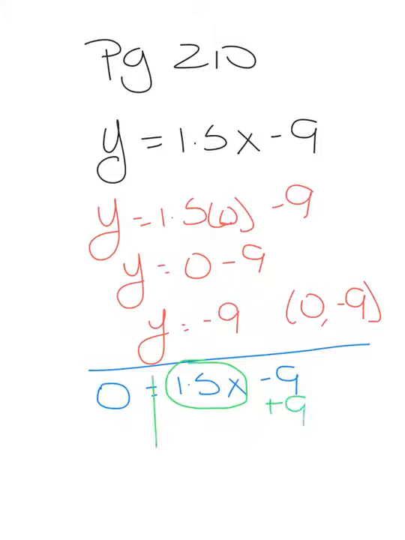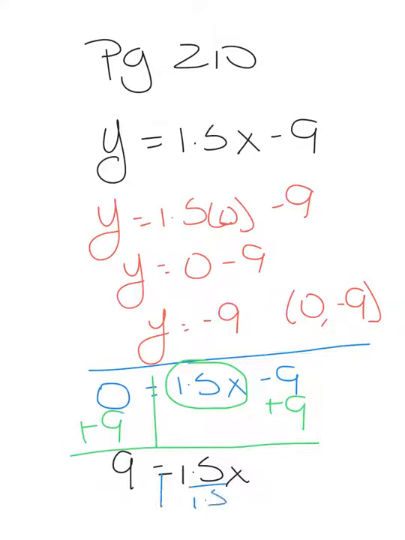Opposite of minus 9 is plus 9. 0 plus 9 is 9. 9 equals 1.5x. Opposite of multiplication is division. So I'm going to divide by 1.5. And 9 divided by 1.5 is 6. So x equals 6, which is the ordered pair 6, 0.